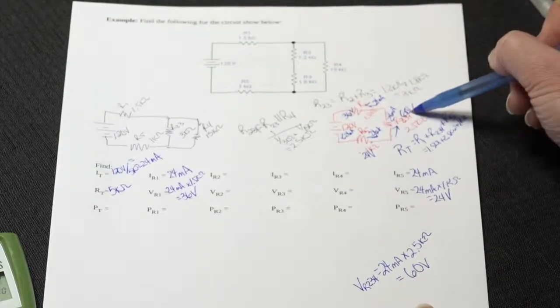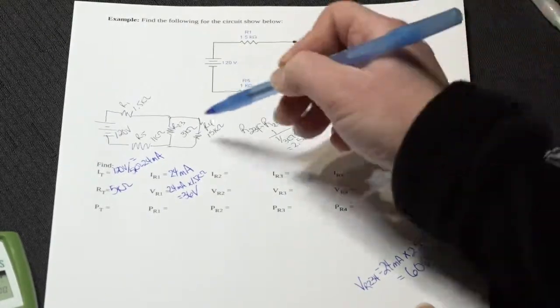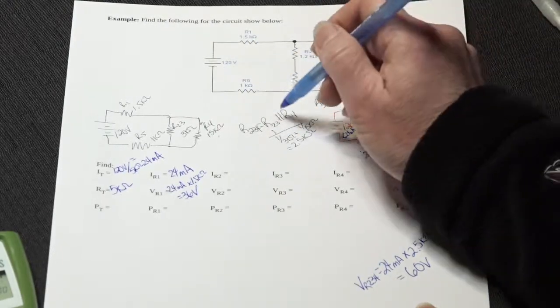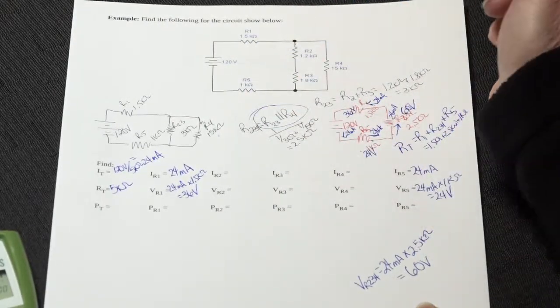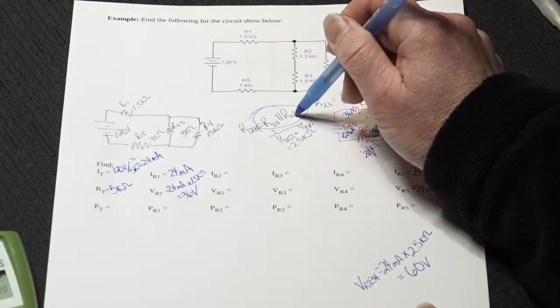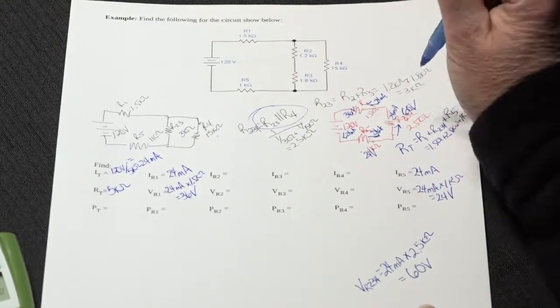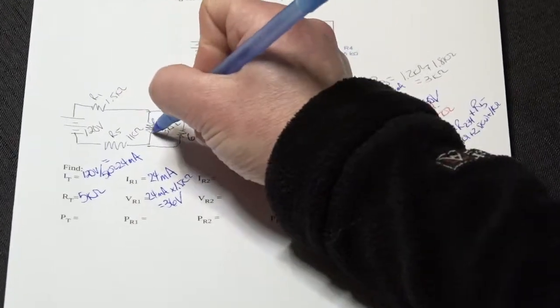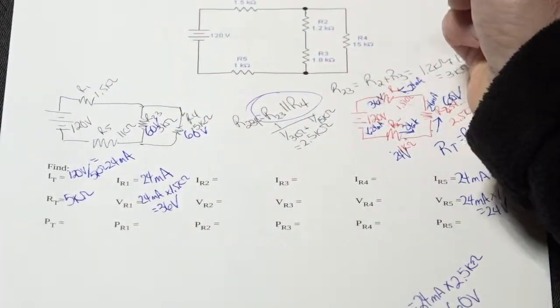Now let's take the information that we found here and put it back here. Note, these two were found by these two being in parallel. And because they're in parallel, it means they share the voltage. That means we're going to have 60 volts here and 60 volts here.